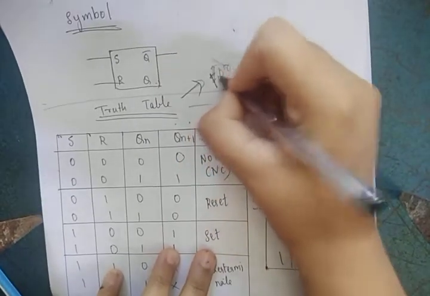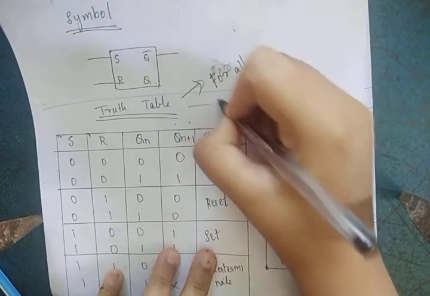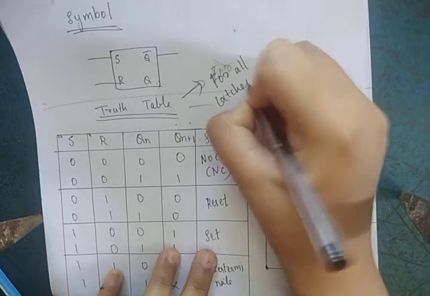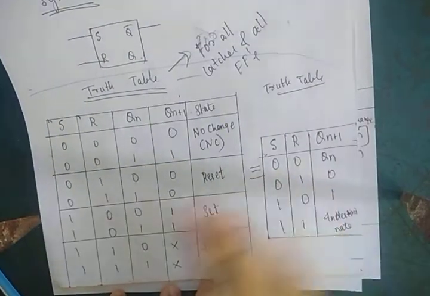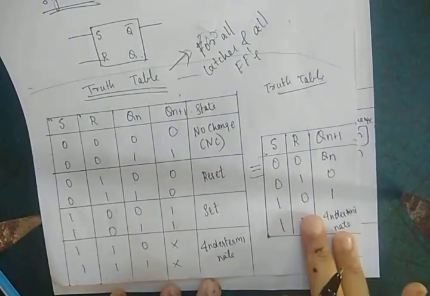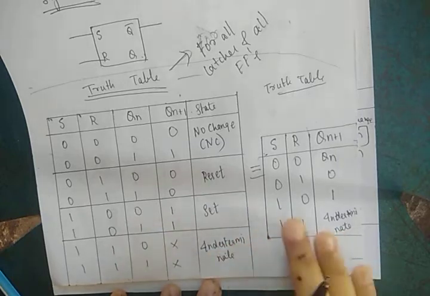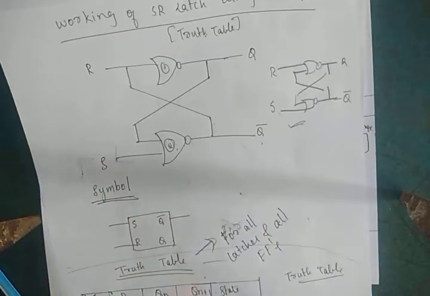This complete truth table is used for all latches and all flip-flops. If you understand this truth table, it is the same for all the latches and flip-flops, except that the logic diagram changes slightly.